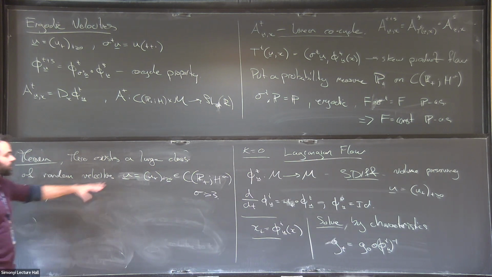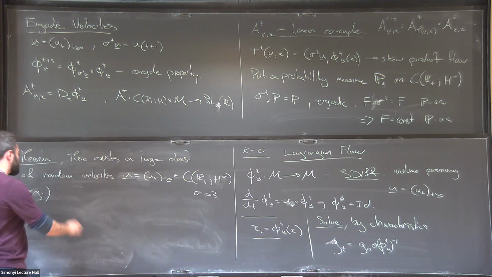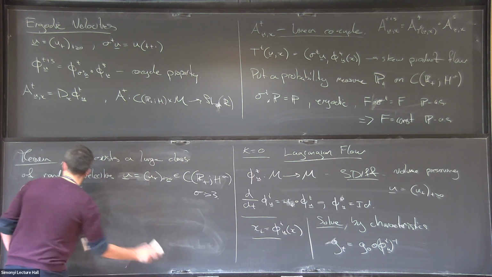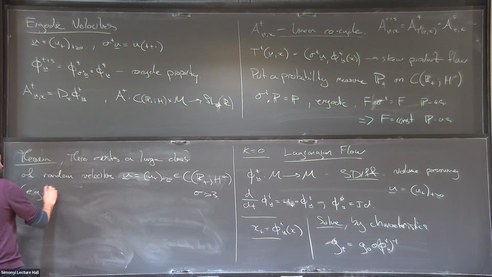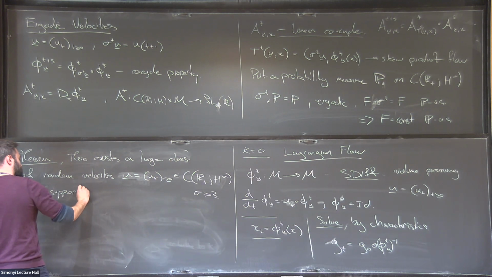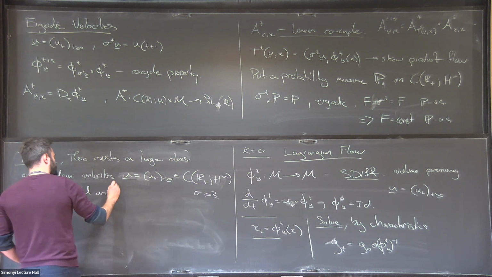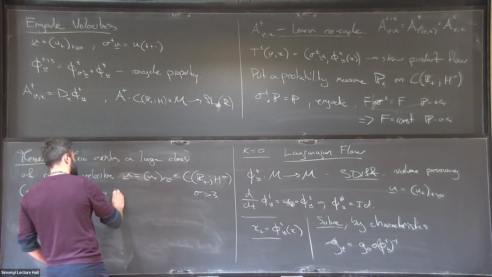I'm putting a probability measure on the space of paths, and this probability measure is, for instance, supported on solutions of forced Navier-Stokes equations in, let's say, 2 dimensions.